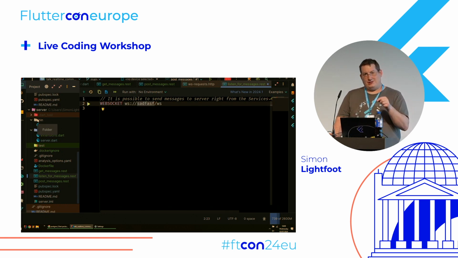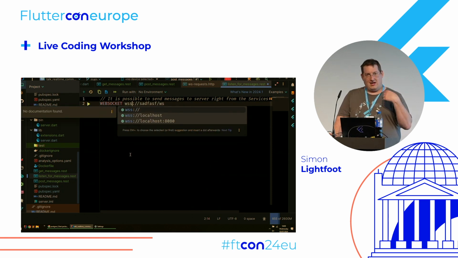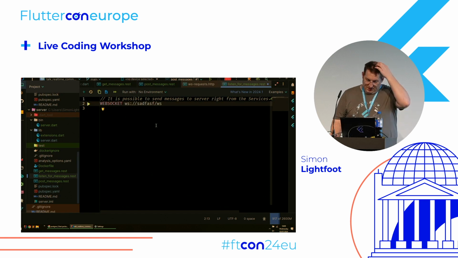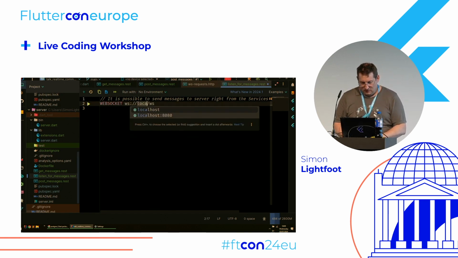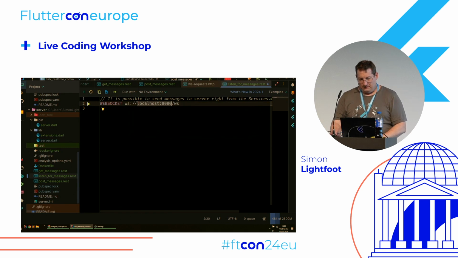That is the same as HTTP, and then WSS is the same as HTTPS with SSL. You don't have to do anything special, it just works. The idea is just to notify that this is a WebSocket rather than standard HTTP. Right, so this should still be localhost 8080.